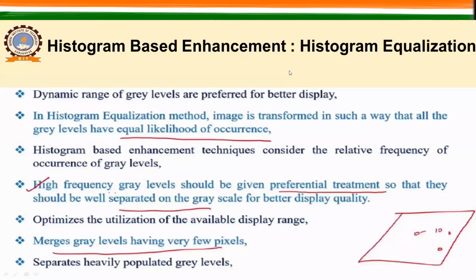So do you really need to worry about those 4 to 5 pixels? No. Out of the 1000 by 1000 pixels, you have 4 or 5 pixels of DN value 10, so that is not going to matter. So what happens here? It merges the gray levels having very few pixels and separates heavily populated gray levels. That is very important, right? Because it is doing the high frequency gray level separation, right?